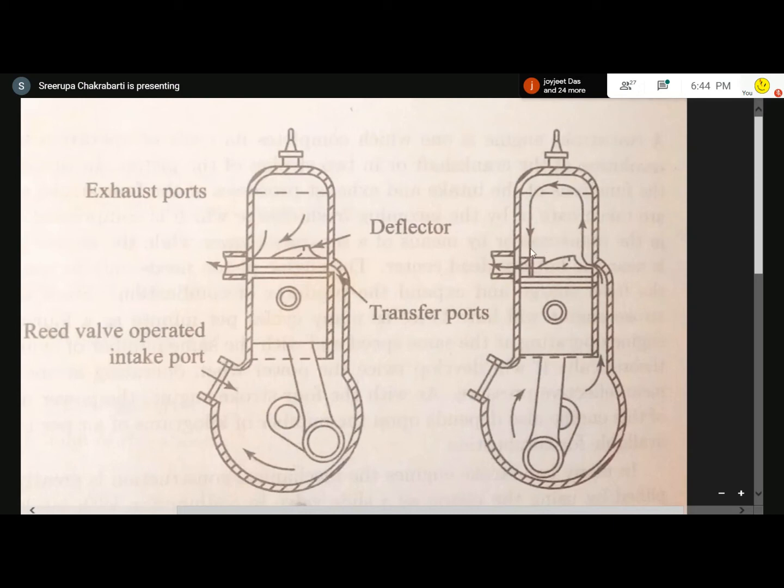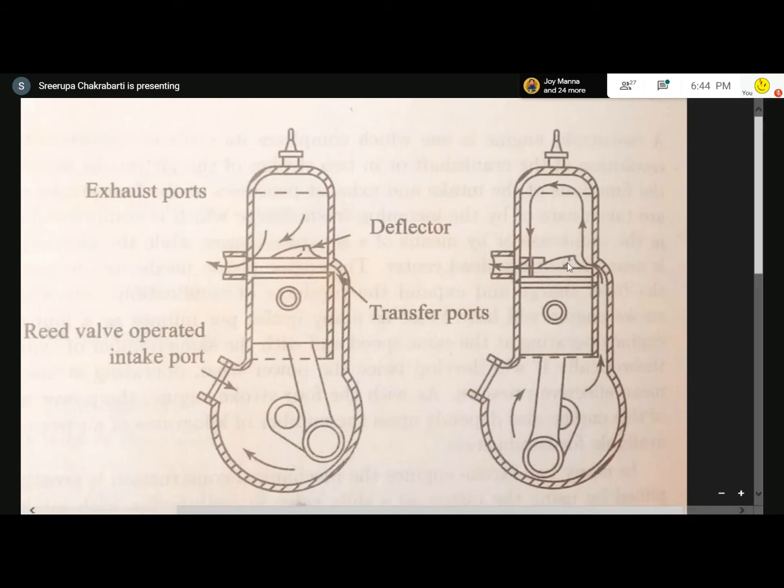It comes like this. When it rebounds, it cannot go the other direction. It cannot go in the direction of the entering charge. When it takes a rebound, it will come like this and it will go out through the exhaust port. So that is how the deflector is basically facilitating the scavenging process.